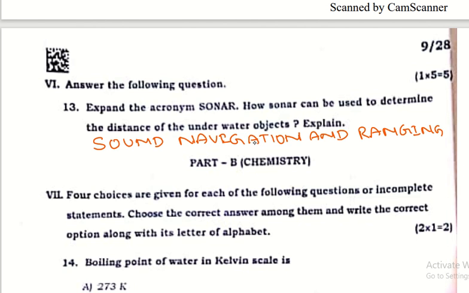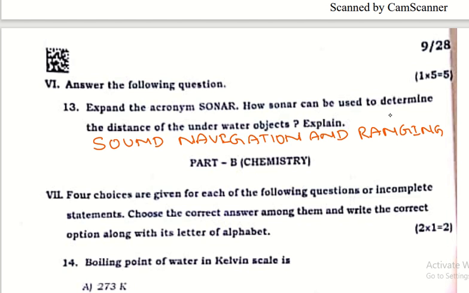How can sonar be used to determine the distance of an underwater object? In the water the sonar sends ultrasonic sounds.